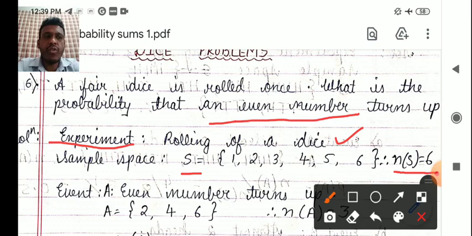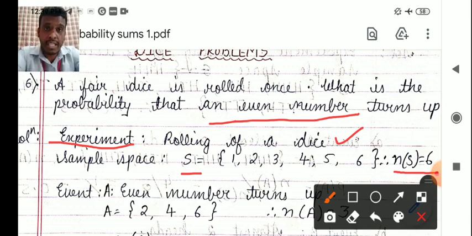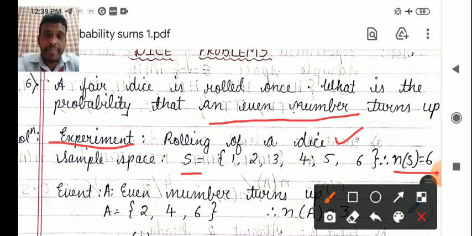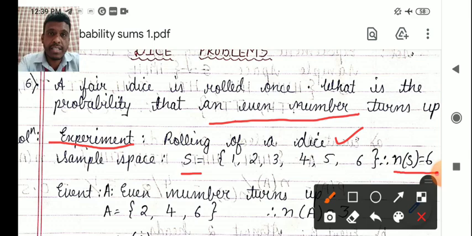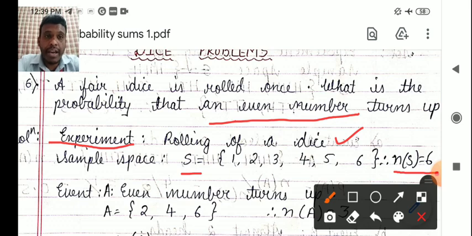So what is n of S equal to? Whenever we roll one dice, we get this sample space only, that is 1, 2, 3, 4, 5, 6. Is there any other possibility? Suppose the dice is rolled once. What are the outcomes possible? Either we will get 1, 2, 3, 4, 5 or 6.